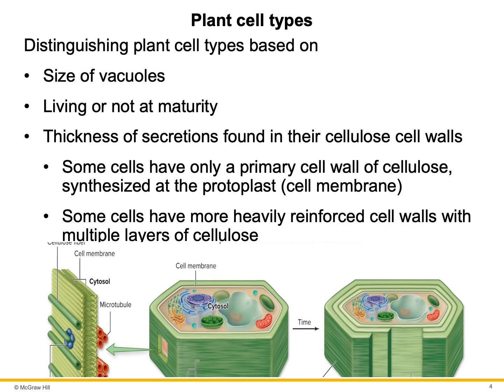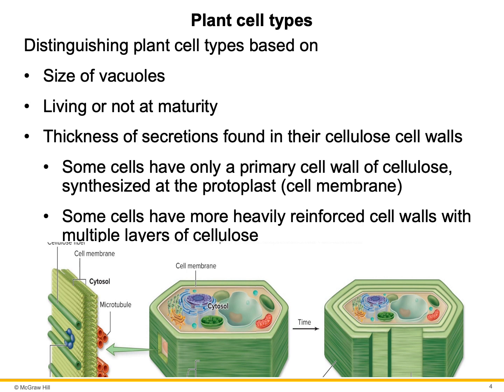Roots, shoots and leaves all contain three basic types of tissue. These are dermal, ground and vascular tissue, and we can distinguish plant cell types found in these different tissues based on the size of their vacuoles, whether the cells are living or not at maturity, and the thickness of secretion found in their cellulose cell walls.